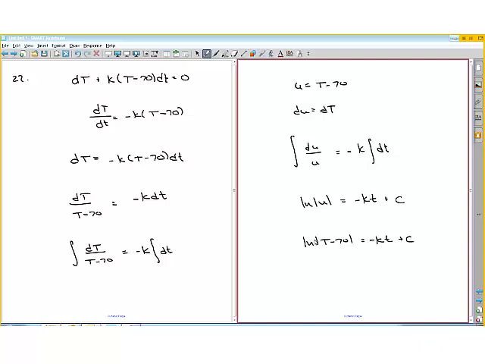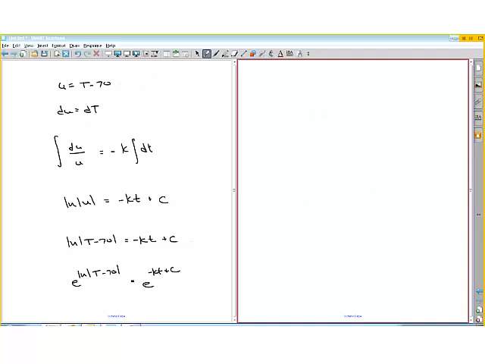What we want to do is solve for T, so we're going to make each side of this equality the exponent of e. And so this part just becomes T minus 70.